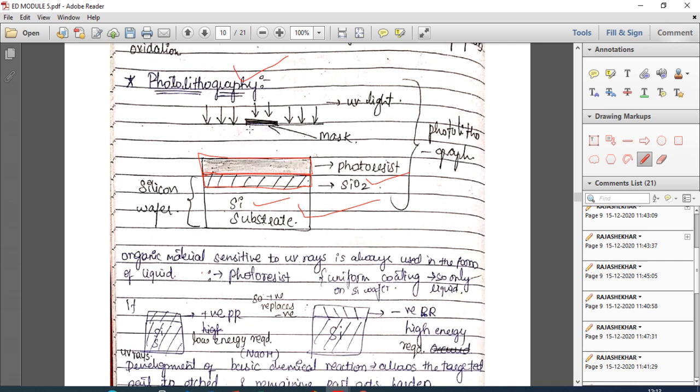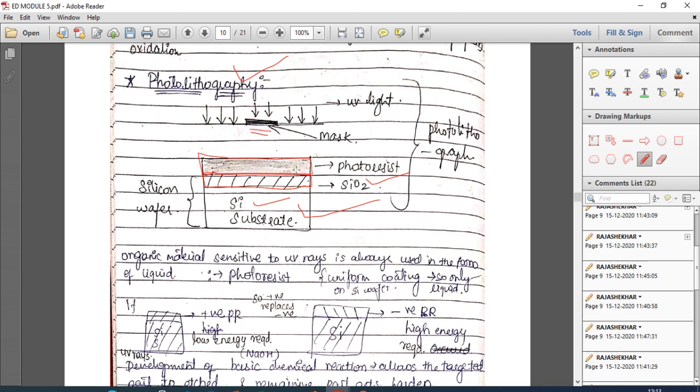Now we will understand how this photolithography takes place. Another important thing is the mask, which is used to mask a particular part of the photoresist material. And this arrow indicates the UV rays or the sunlight which falls on this substrate or the photoresist. So how does photolithography take place?